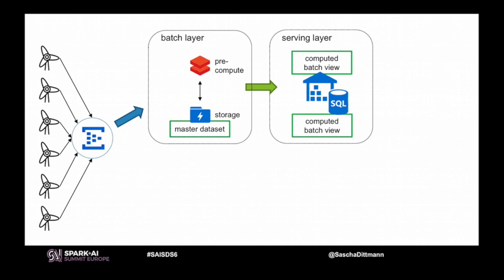For those of you who have no idea what that is, it's a massively parallel processing SQL server. Think of 10 or 60 SQL servers running in parallel and acting as one machine. After that, you can visualize it, for example, with Power BI or any other tool.